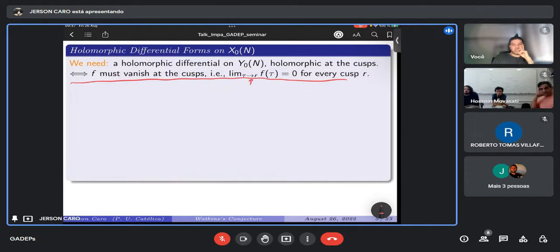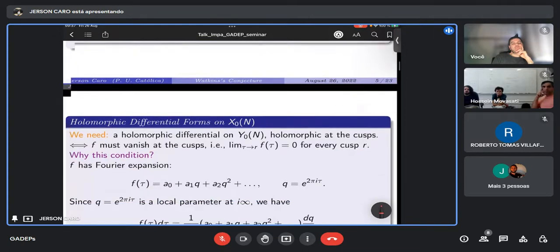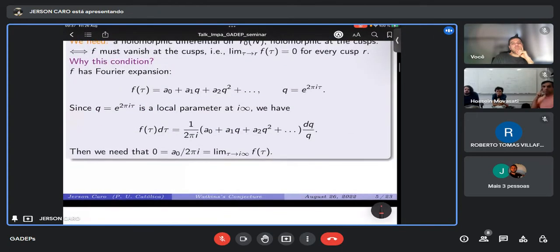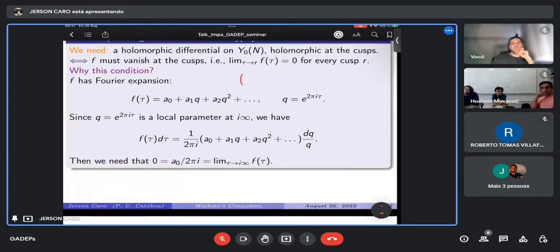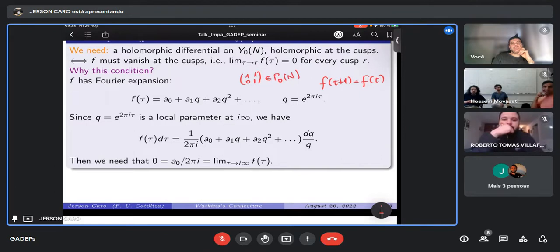This is the definition of vanishing: the limit as tau goes to r, where r is a cusp. And why this condition? The matrix (1 1; 0 1) always belongs to Gamma_0(n) for every n. In particular, f(tau plus 1) is equal to f(tau), because of the relation before.